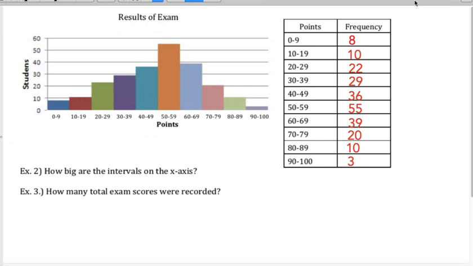Use your calculator and go ahead and total those up. Now that we've used our calculator and added them up, you should get 232 observations in this table.